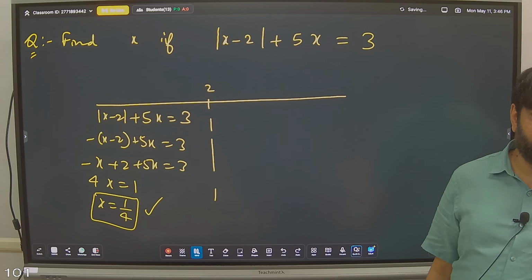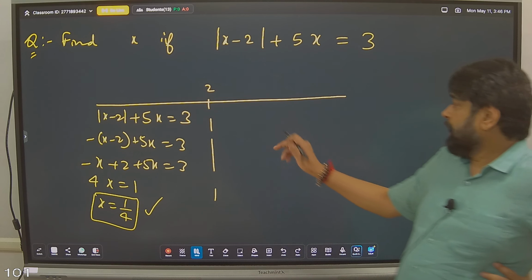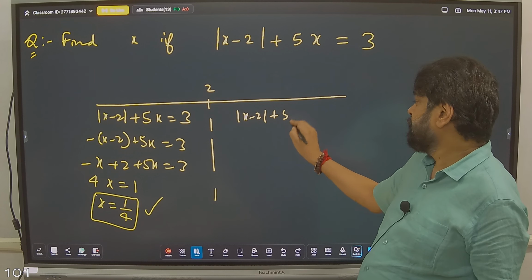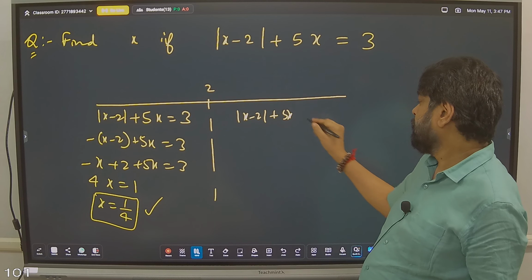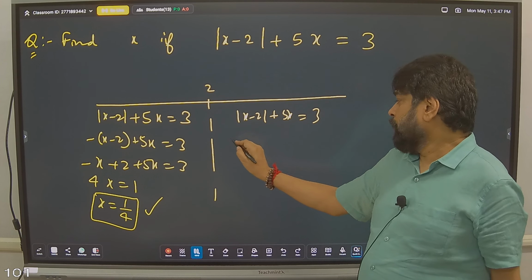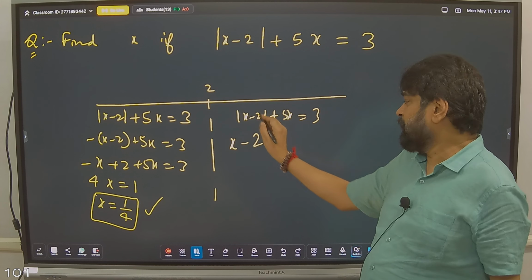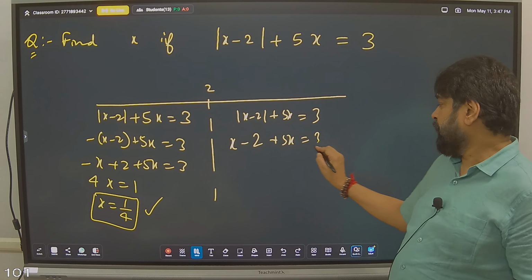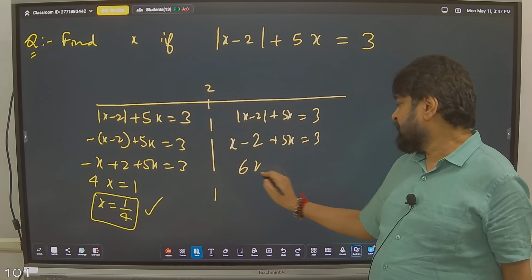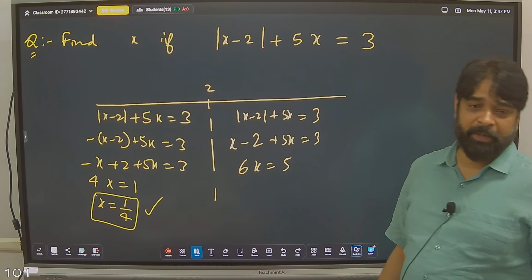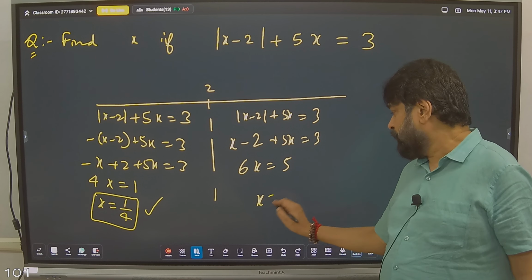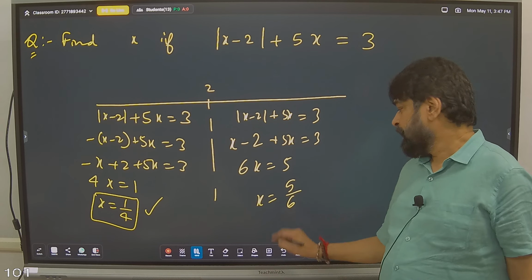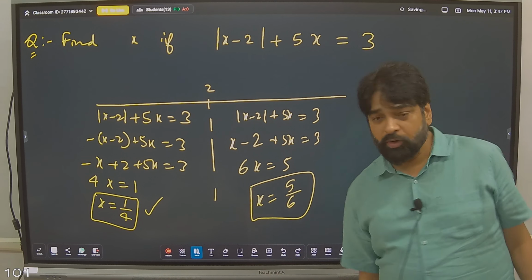Understood everybody? Chaliye. After 2, write the question. Here it is x minus 2 directly because this is a positive quantity now. Plus 5x equals 3. So we get 6x equals 5, x equals 5 by 6. Can I accept this solution?